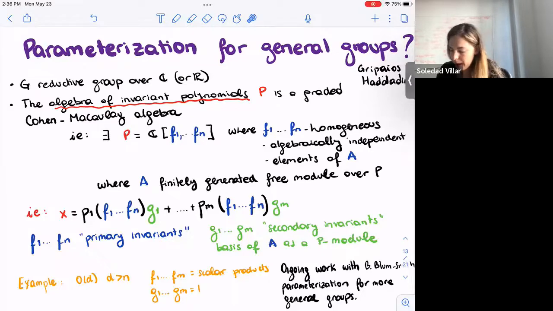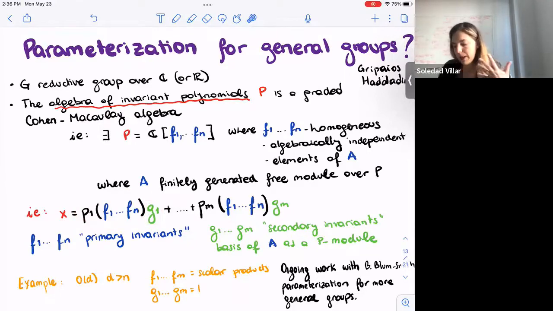The secondary invariants form a basis of the algebra of invariant polynomials as a module over the primary invariants. So every invariant polynomial can be written as a polynomial combination of the primary invariants times the secondary invariants.